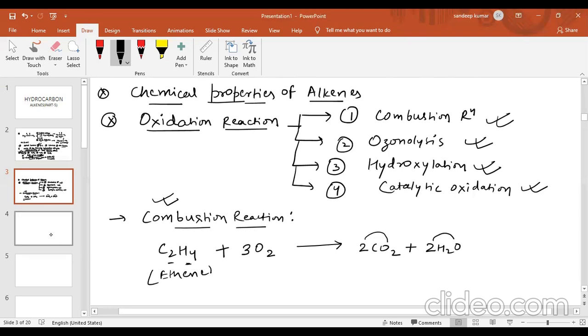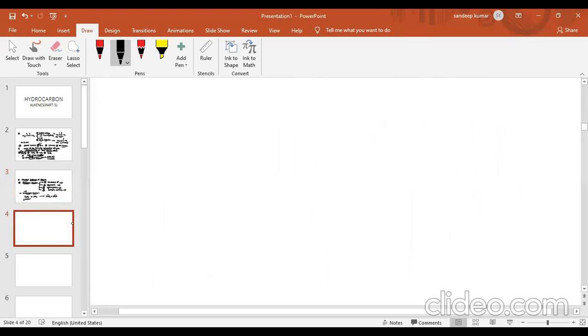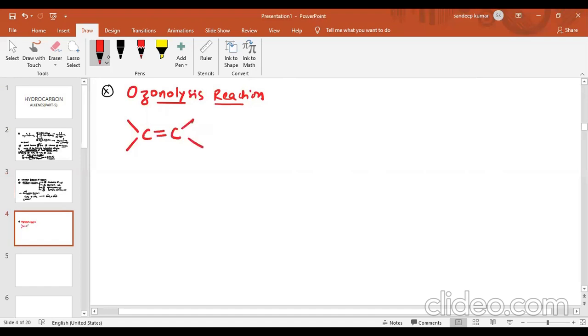Now see, the next reaction which we are going to study is the ozonolysis reaction. Ozonolysis is done on an alkene. Take the example of a carbon-carbon double bond, like this.